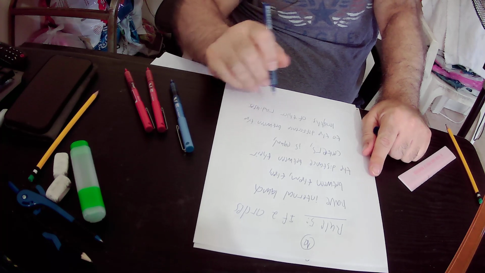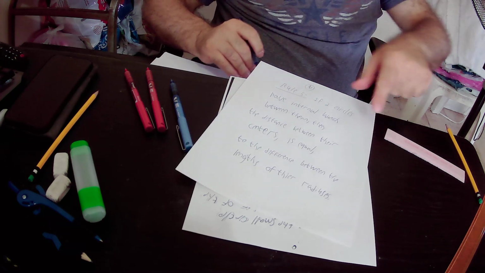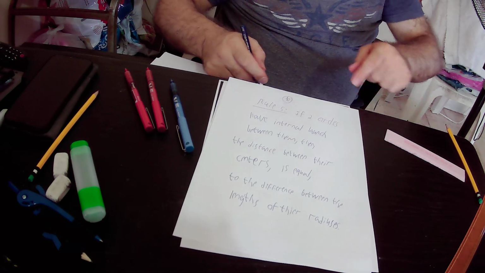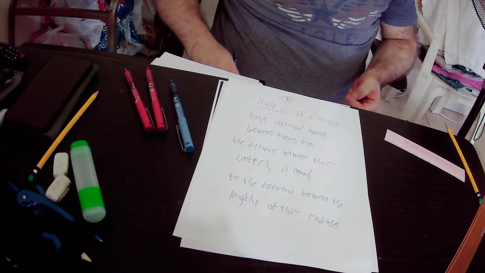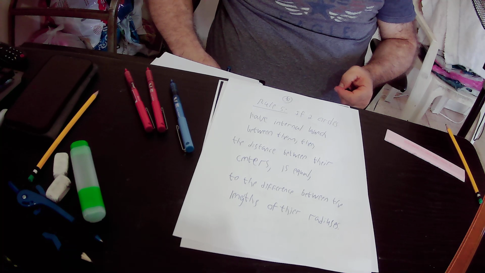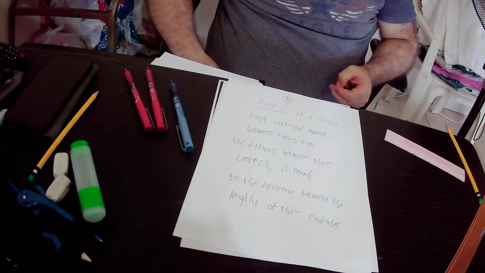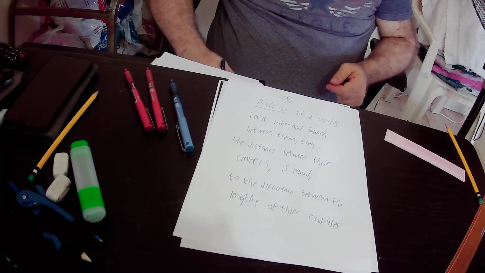Okay, so I will read rule number 5 again. Rule number 5 states that if two circles have internal tangent between them, then the distance between their centers is equal to the difference between the lengths of their radii.